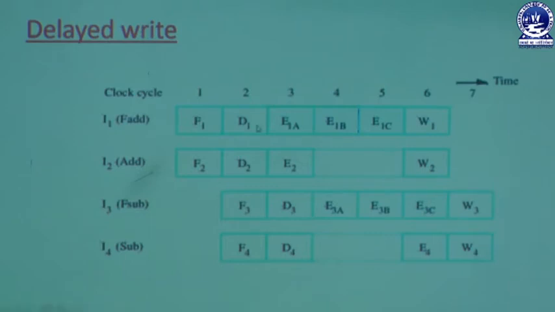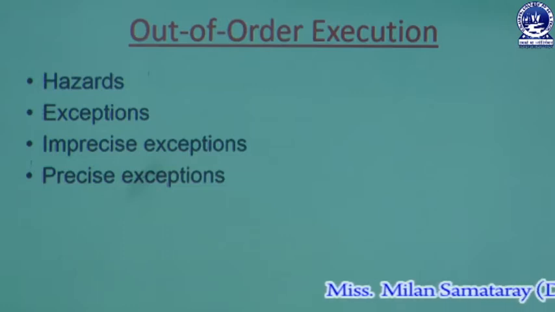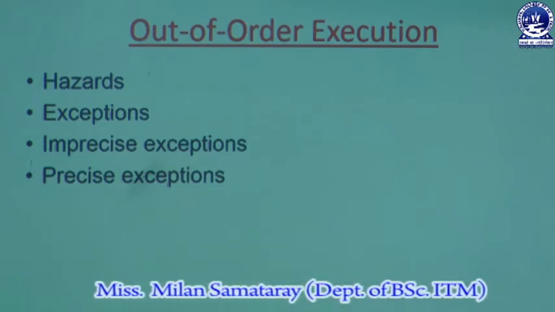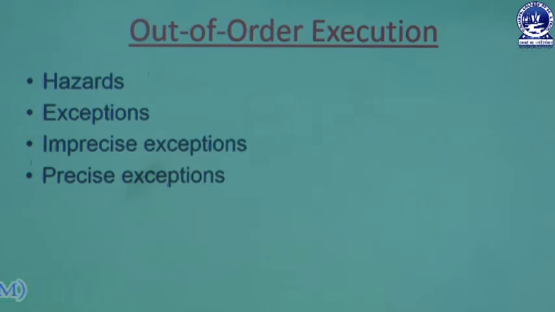The next concept is that exceptions may be caused by a bus error. I have already discussed hazards and exceptions. So what do we mean by exceptions? An exception arises when a new complication is considered in the execution of an instruction. Exceptions may be caused by any type of bus error, and a bus error occurs when we are fetching the operands.